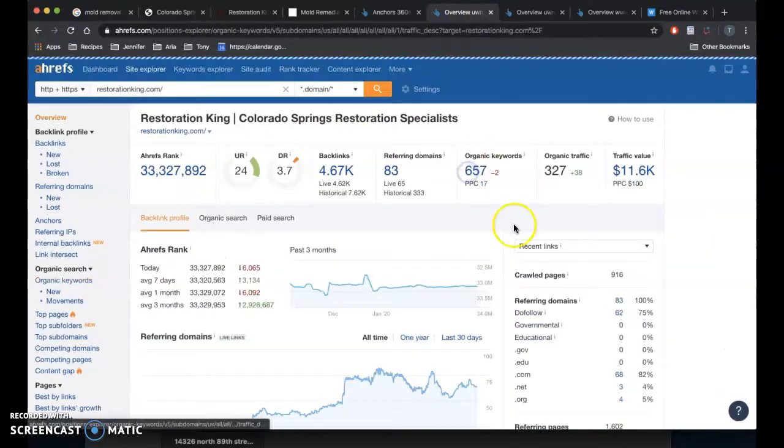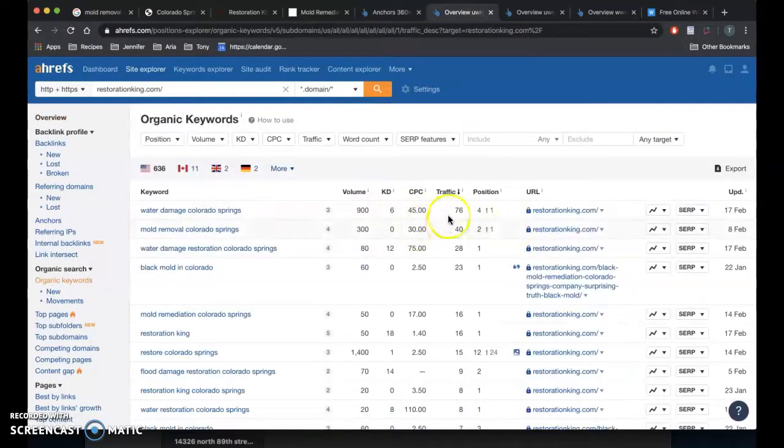If you look at Restoration King here, they rank pretty well for water damage, which is 900 searches in Colorado Springs. A keyword difficulty of 6, which is still pretty low. They're in position 4. They're generating about 76 clicks to their website for that keyword. Mold removal, this was the one that caught my attention when I was searching around.